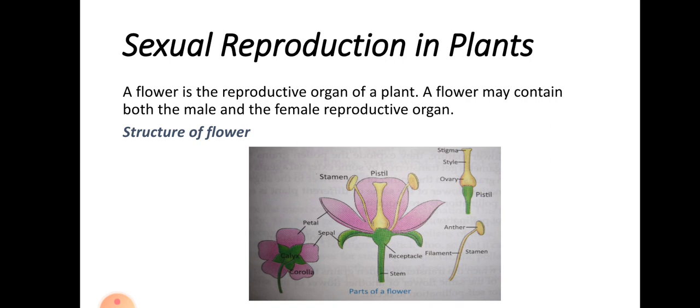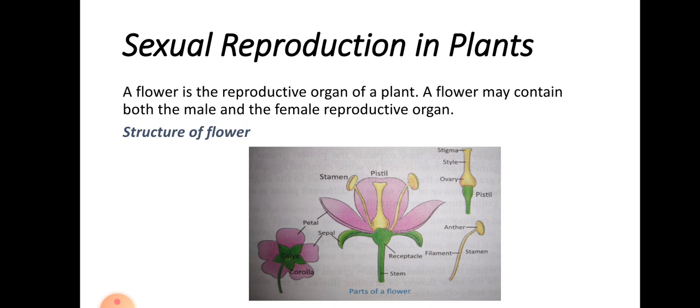First one, calyx. It is the outermost whorl of a flower. In the diagram on the left-hand side you can see the long pedicel, and on the thalamus the four whorls of a flower are supported.